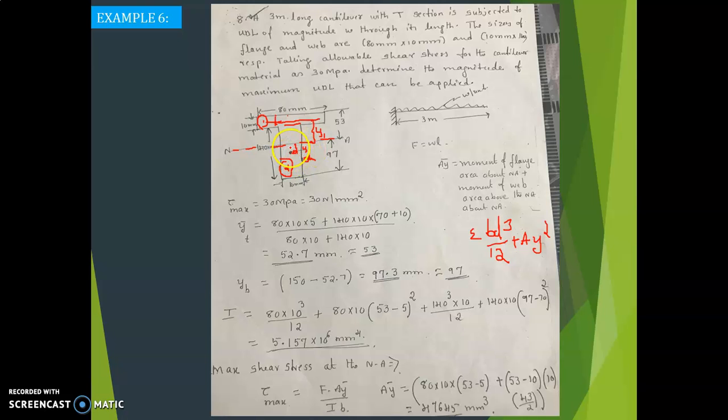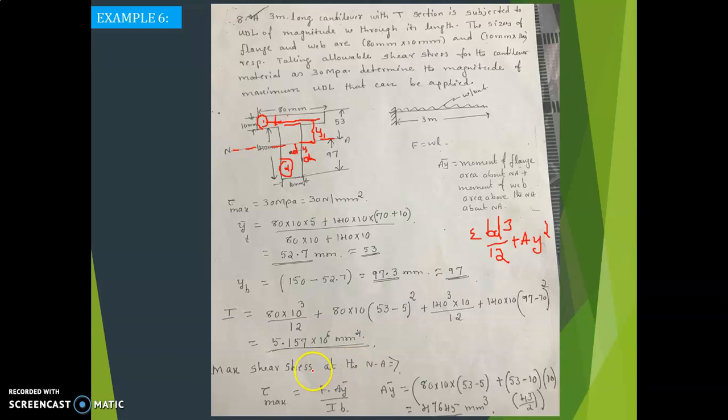From here to here, the total is 97. 97 minus CG. CG lies at a distance of 140 divided by 2, that is 70. So full this is 97, CG lies at a distance of 70, so 97 minus 70 whole square. So you get I is equal to 5.157 into 10 raised to 6 mm raised to 4.